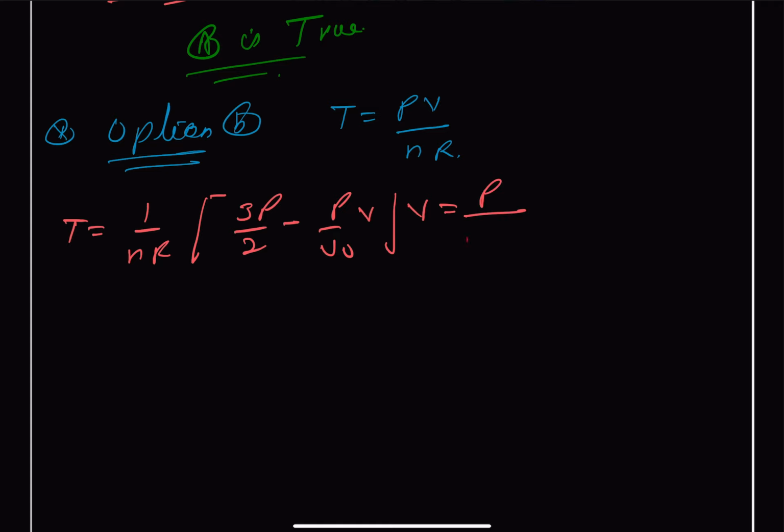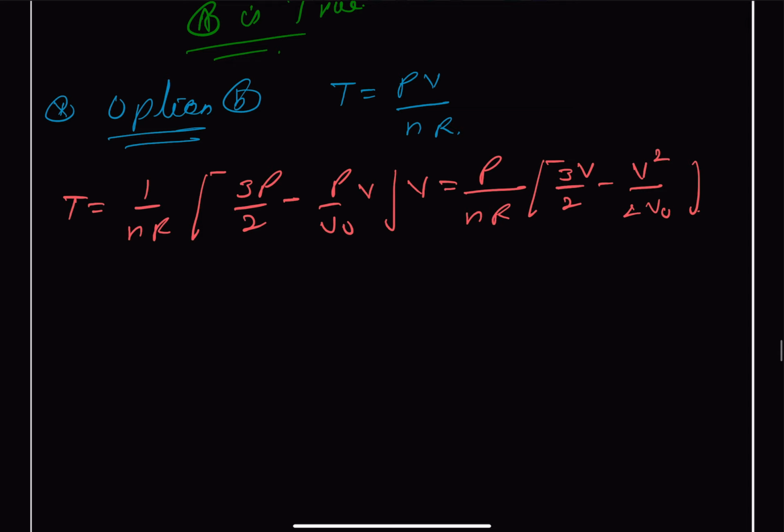So this becomes T nR upon P is equal to 3V by 2 minus V square upon twice V naught. And we can write this as T is equal to P upon 2nR times 3V minus V square upon V naught.